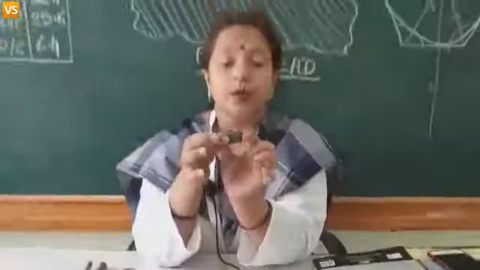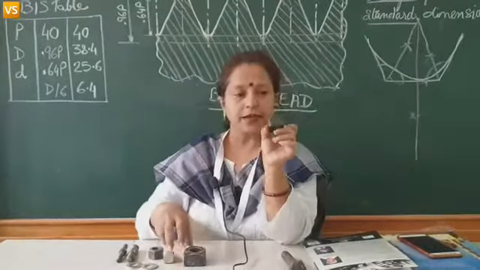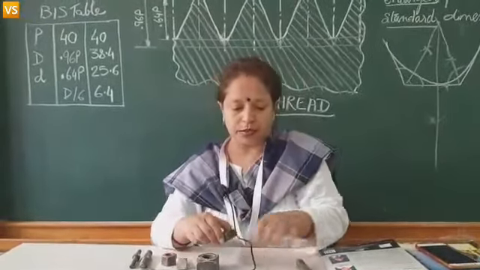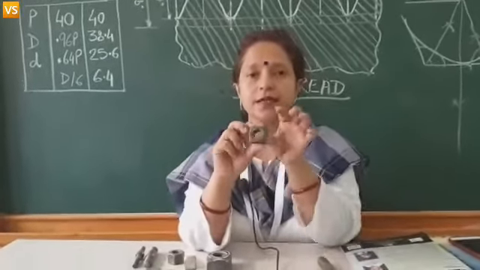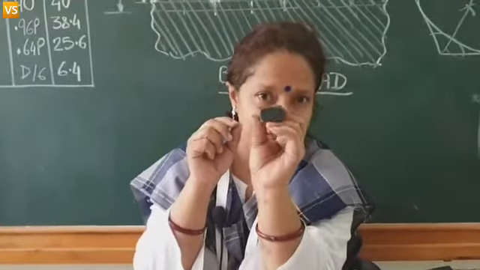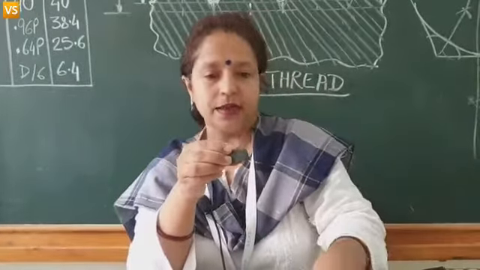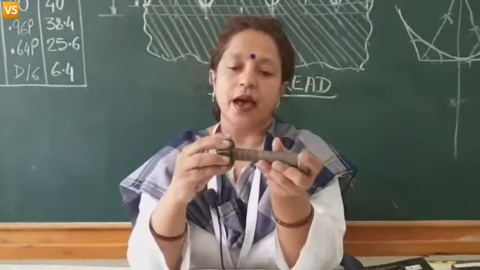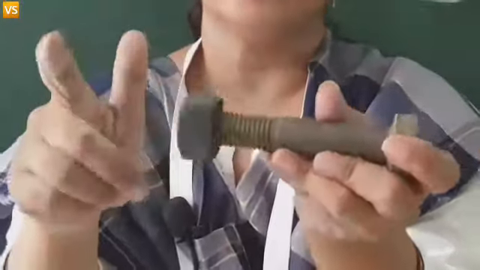When you look at it from front, there are a few things which I would like to show you in detail about this nut. First, these threads are called internal threads because when you look at it, you are not able to see the threads. You can see this is a combination of bolt and nut.